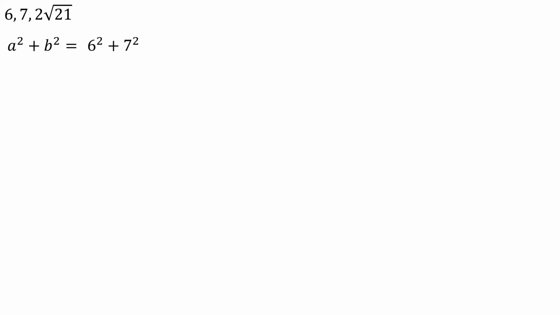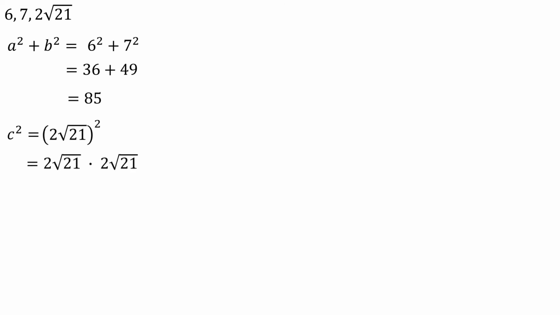So that's going to be your A and B. Those are the shorter sides. So a squared plus b squared is 85. Now the question is, is C going to be a hypotenuse, or is C just going to be the longest side? Again, I've got to square that entire thing, so I've got to do 2 root 21 times 2 root 21. 2 times 2, of course, is 4.